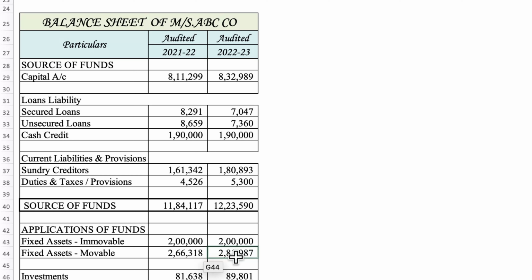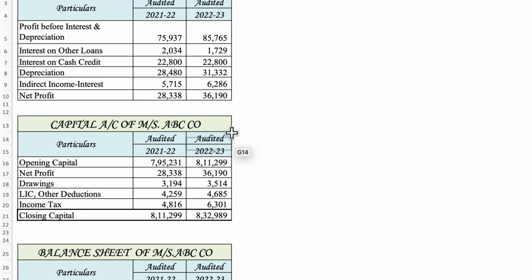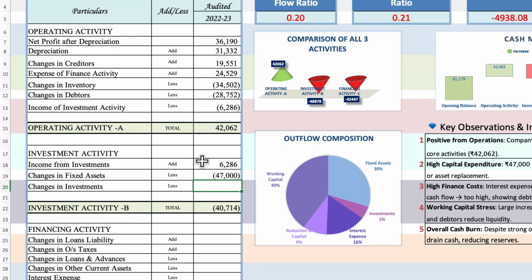So to purchase this movable fixed asset, cash outflow happened. So we have to show it as a negative here. Also we need to consider depreciation because it was deducted in P&L. So 47,000 negative here.